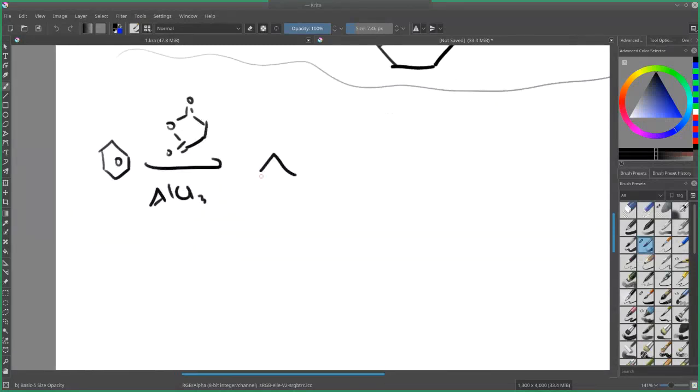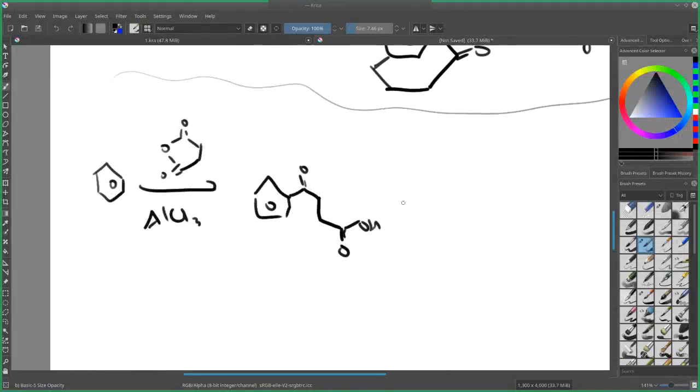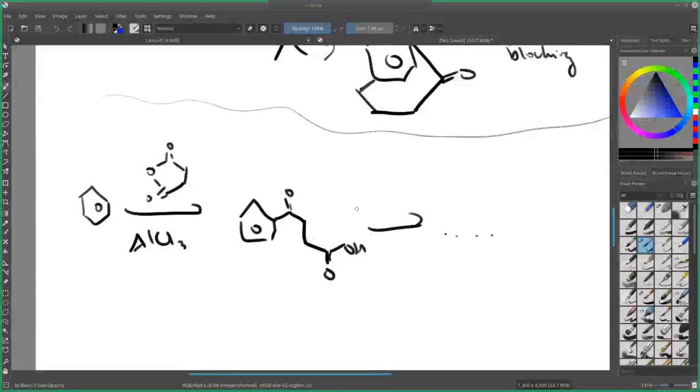If you use this, it'll give you this acid right away. And from there, you do the exact same steps that we just did. I didn't know about this. I guess this is what happens if you use a cyclic anhydride to do Friedel-Crafts acylation.